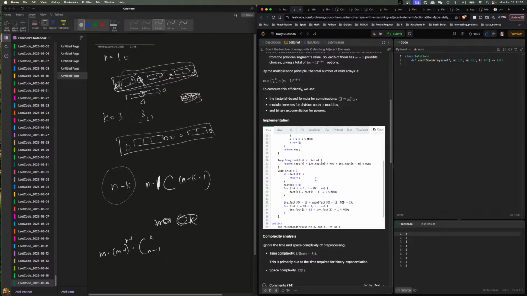Oh, inverse factorial. I think this is for... Yes, inverse factorial.